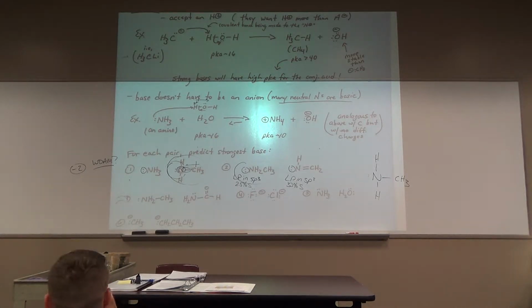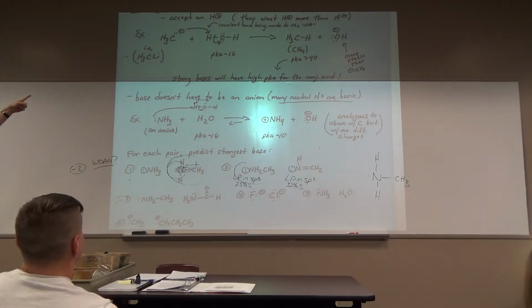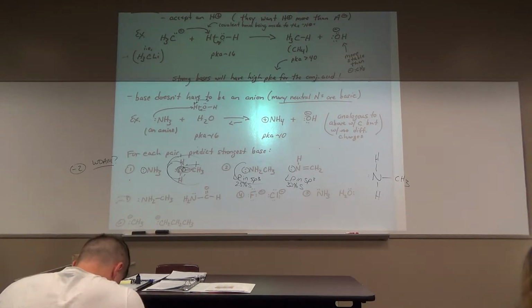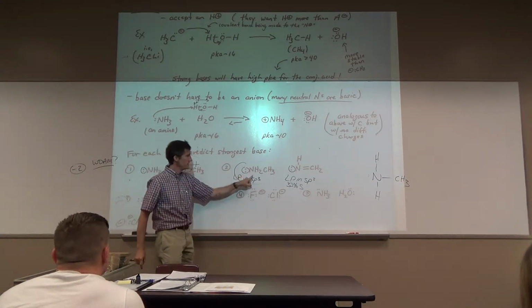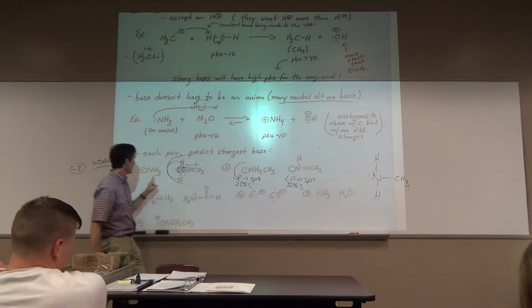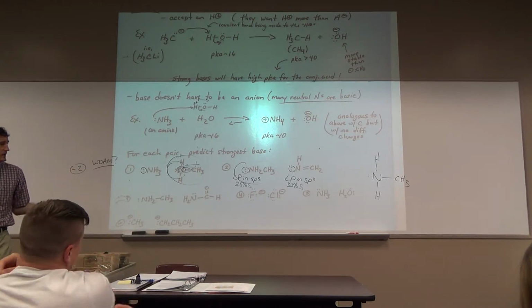Indeed, if you look at the points to remember, it'll discuss what are good bases. Here we go. Good bases are usually anions, like hydroxide or that CH3 anion up here. Neutrals are usually not that strongly basic, except for this. An sp3 nitrogen is a fairly good base, like ammonia, because the nitrogen is not a great parent.